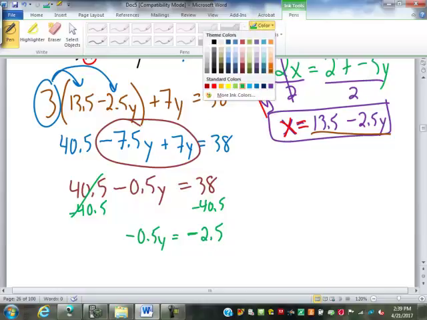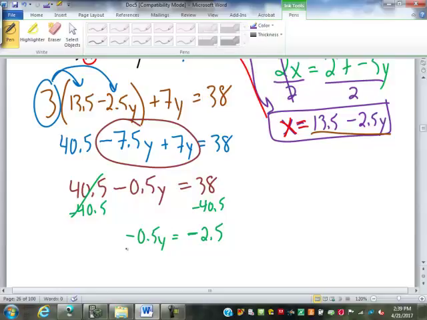Good. And my last step is going to be to divide by a negative 0.5. This gives me that y equals... negative divided by negative is a positive, and 2.5 divided by 0.5 is 5. So y equals 5.